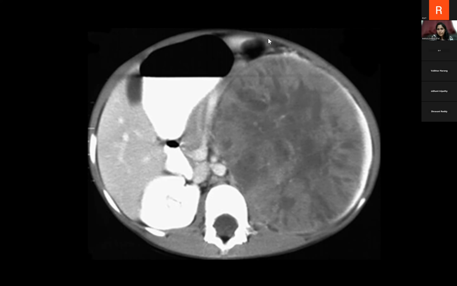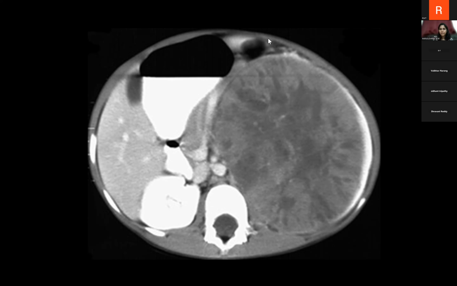Look at the age of the baby, so that you might get some idea. Can someone think anything else than Wilms tumor? Time is up. Yes, Dr. Amir has answered it correctly.